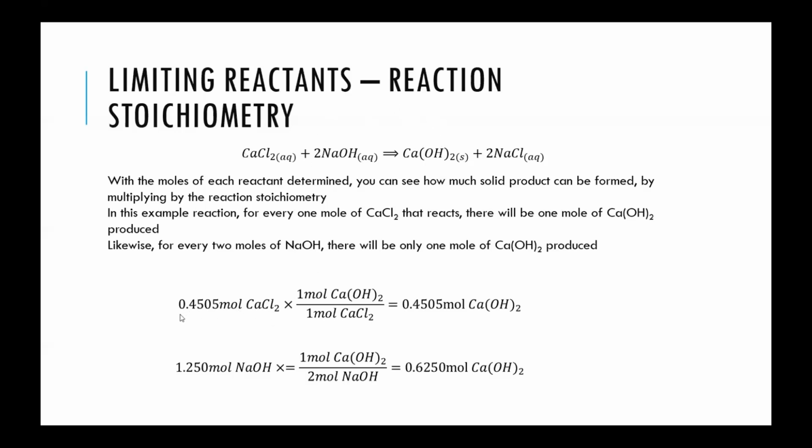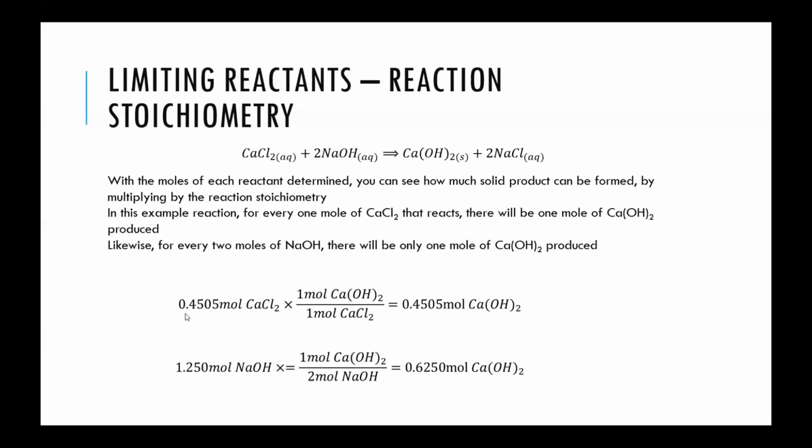So if you have this many moles of calcium chloride and the ratio is 1 over 1, you're multiplying it just by 1. And this would generate 0.4505 moles of calcium hydroxide, again because for every 1 mole of calcium chloride, it generates 1 mole of calcium hydroxide.